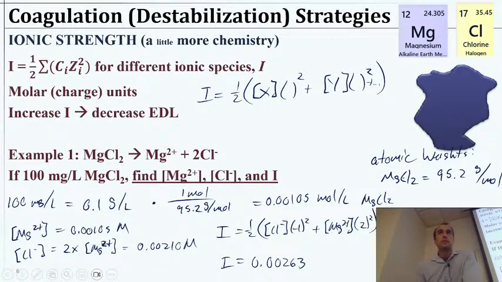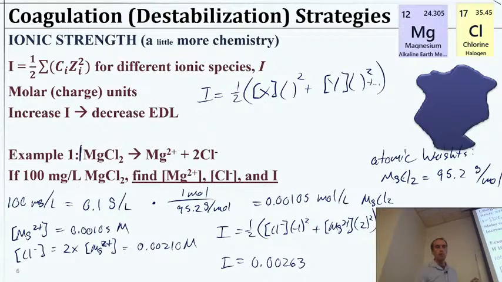All right. Did you guys get an answer? So I'm actually not 100% sure. If we take our 0.1 gram per liter, divide that by the molecular weight, 95.2, we should get 0.00105 moles per liter of magnesium chloride. For every 1 mole of magnesium chloride, we get 2 chlorides and 1 magnesium. So then we can get our concentration for every 1 mole.